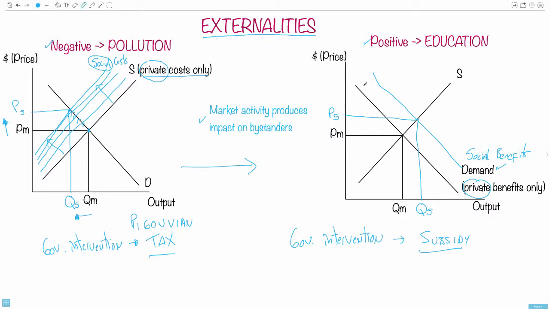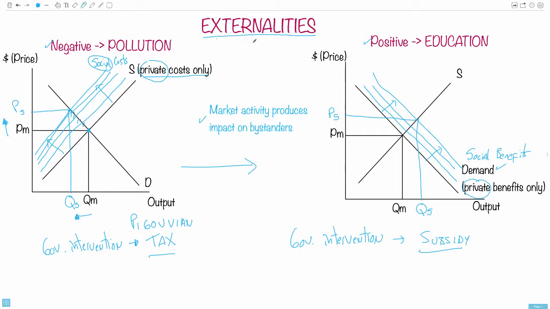So the idea is that with these subsidies, with this financial aid, the private demand is going to increase all the way until it reaches the social benefits curve. So the idea is that the subsidy is once again going to help consumers to internalize the positive externality of education.